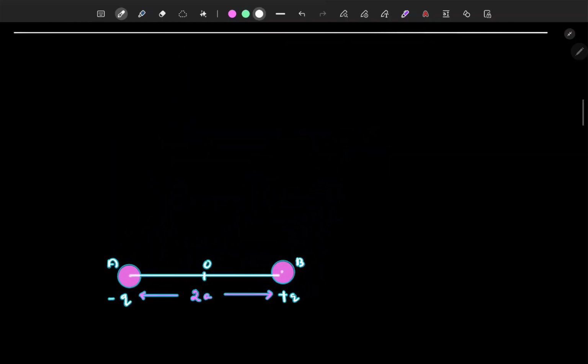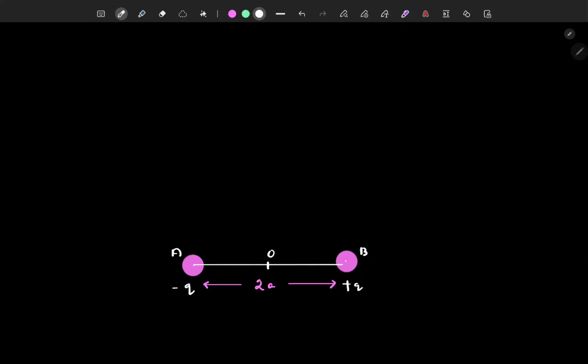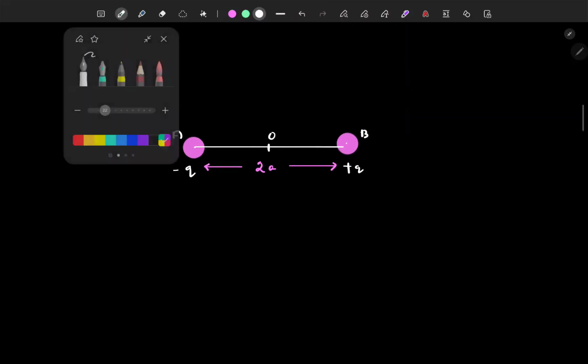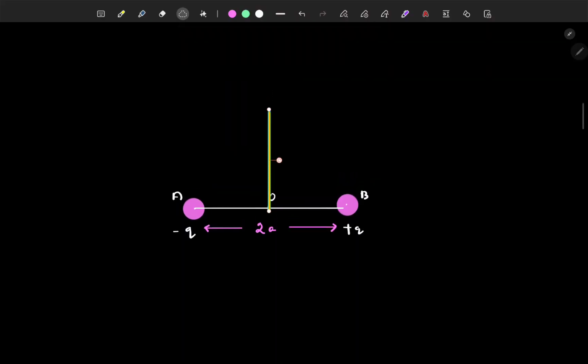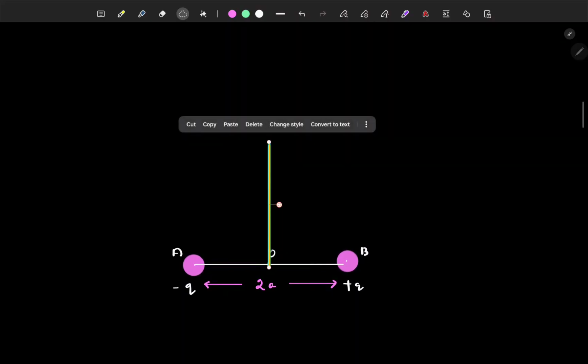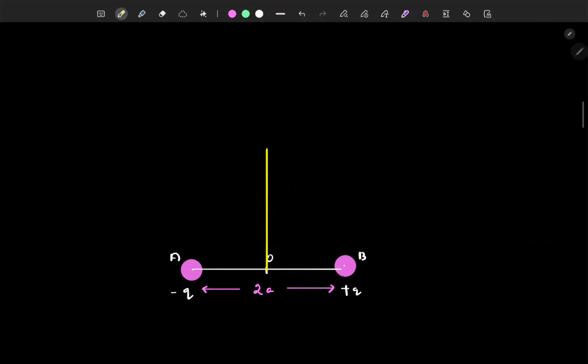Now remember, if this is our dipole, any line which is perpendicular to the axial line but passes through the midpoint of the dipole is called your broadside or equatorial line. And any point on the equatorial line is called equatorial line position. Let P be that point. This is our equatorial line position.